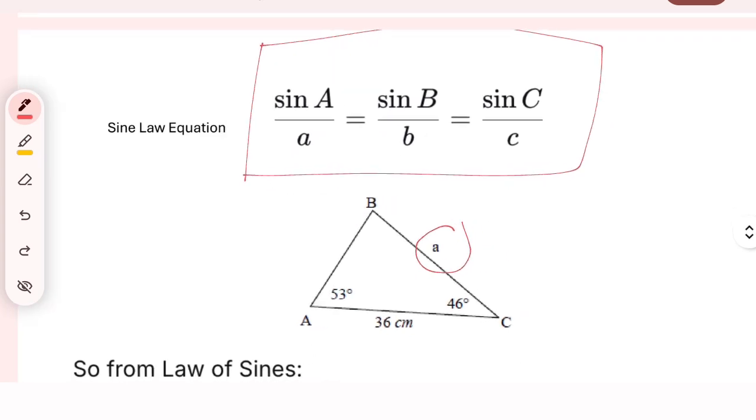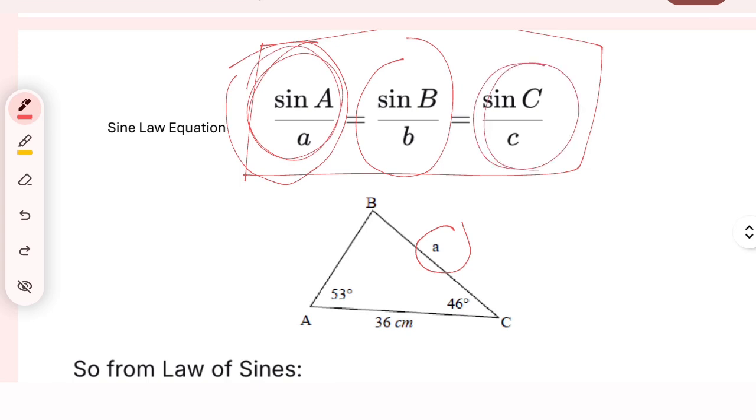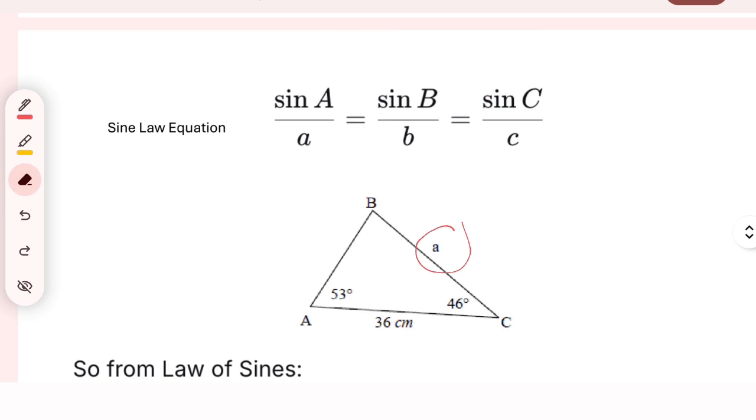So you can pick this one and that pair, you equate both, or you can pick this one and this, equate them, or you can also pick this and this, all right? So you just have to pick a pair, any of those three. Pick 2 out of 3. That's what I'm saying. There are 3 ratios, so you just have to pick 2 ratios out of 3.